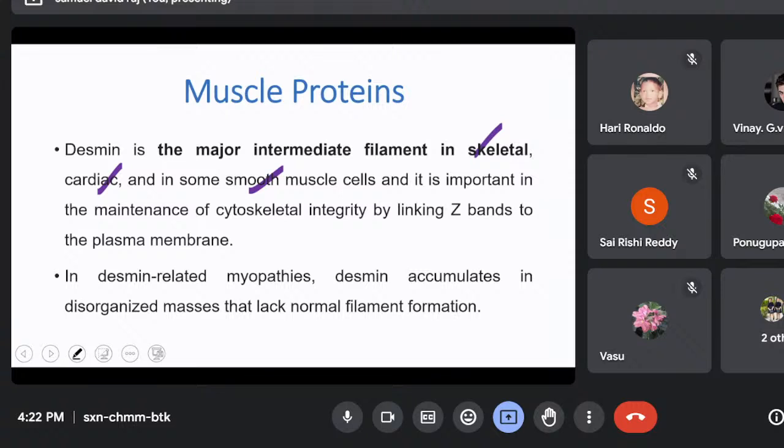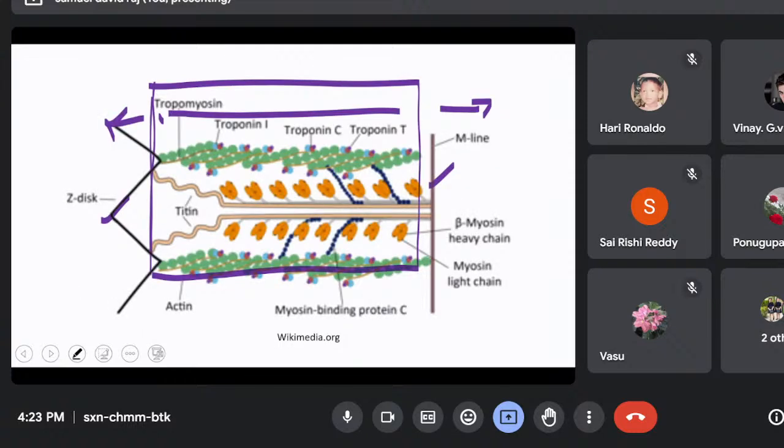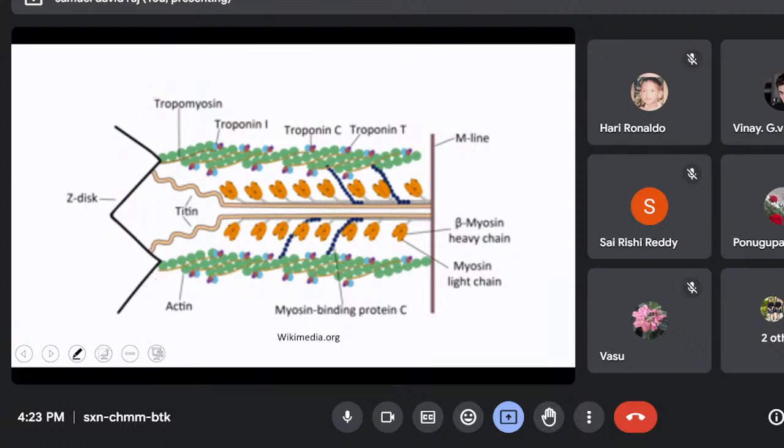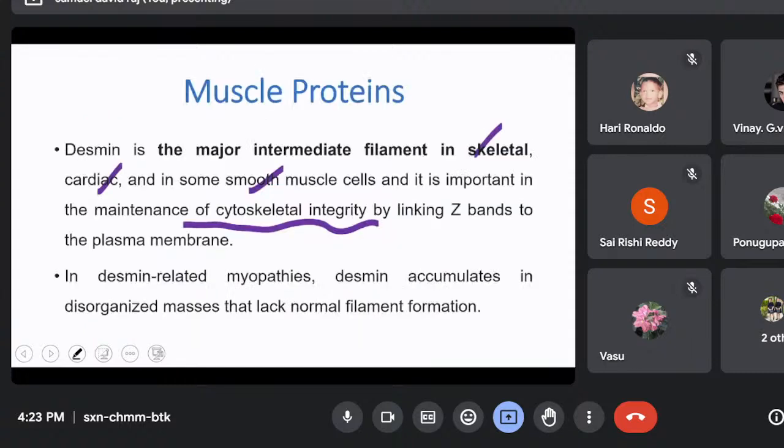And what is its function? Its function is to maintain the cytoskeletal integrity. How? By linking Z bands to the plasma membrane. So these Z bands are linked to the plasma membrane by the desmin proteins. Thus, the cytoskeletal integrity is maintained.